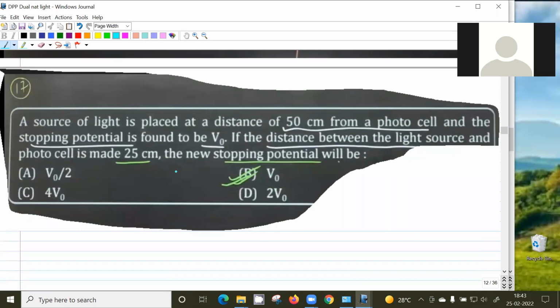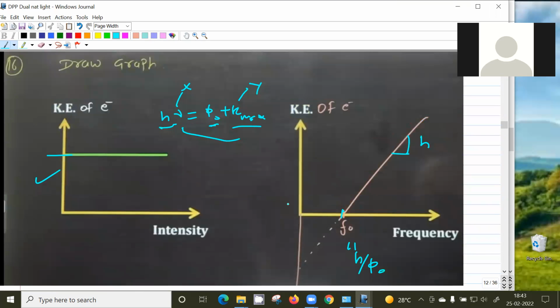If this frequency is at the cutoff frequency, h nu naught will be just equal to phi naught. In that case, K max will be 0.